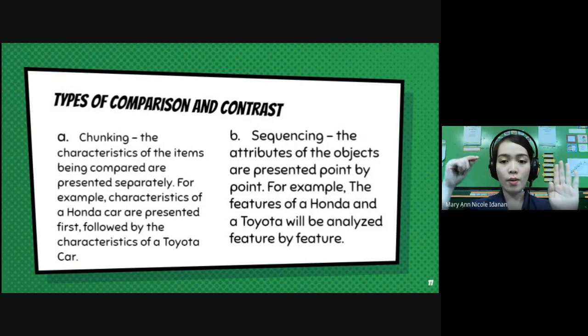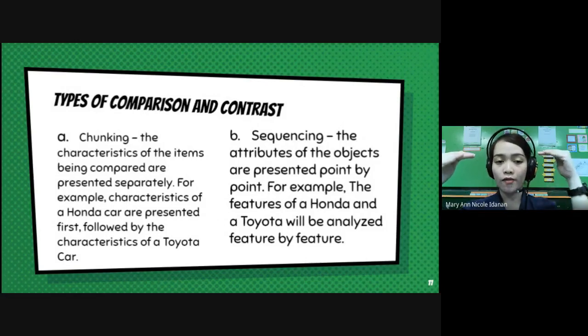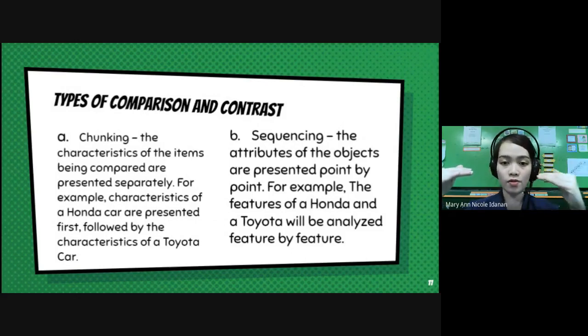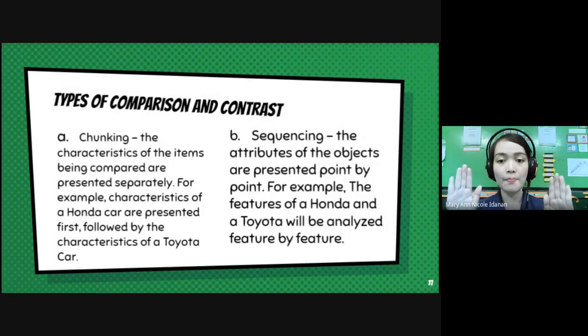For example, what about the wheels of the Honda, and what about the wheels of the Toyota? What about the engine of the Honda and the engine of the Toyota? As we have done in reading versus critical reading, if we're going to do sequencing, we are going to compare and contrast them point by point.